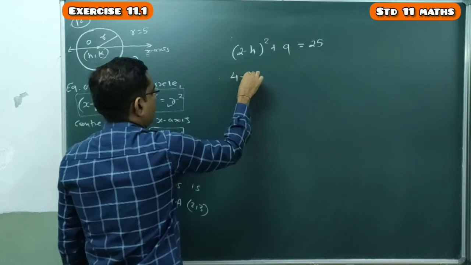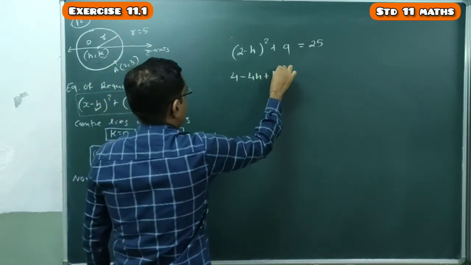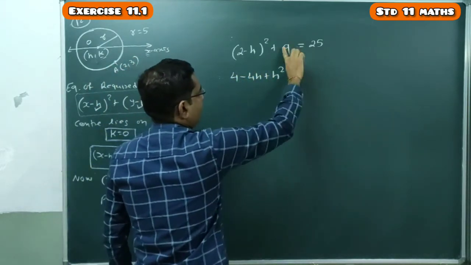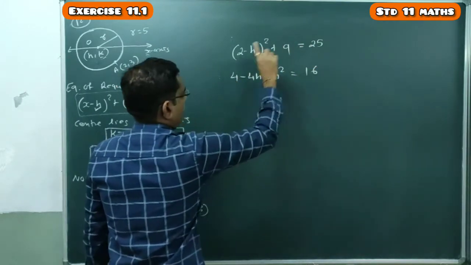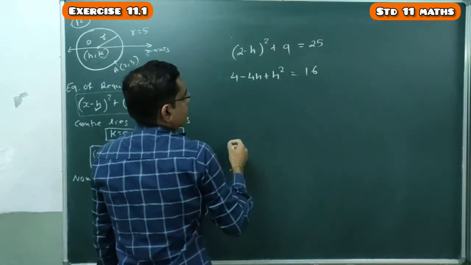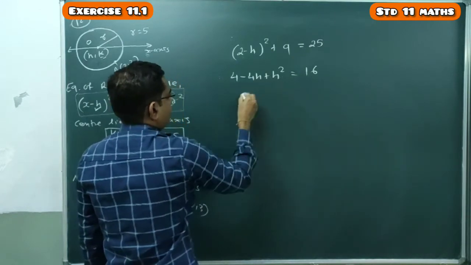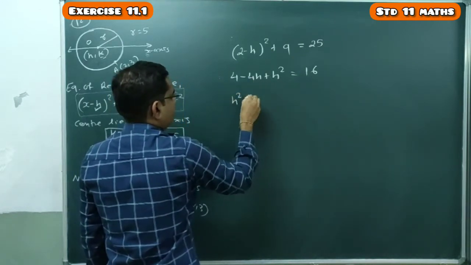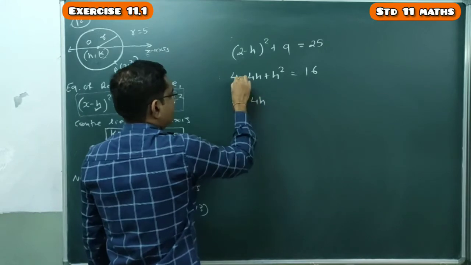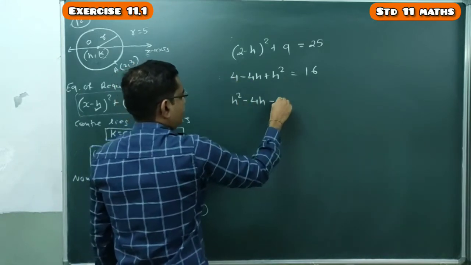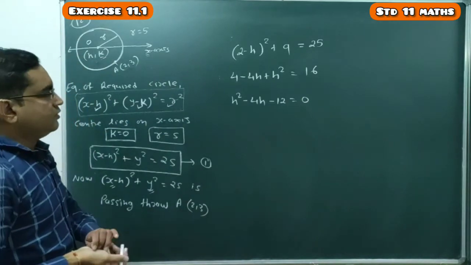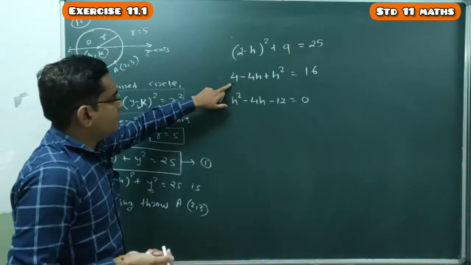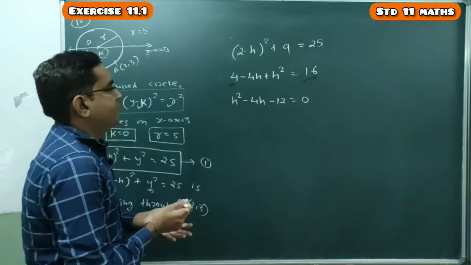So it's 4 minus 4h plus h square equal to 25 minus 9. 25 minus 9 is 16, minus 4, है ना. चलो इस साइड ले लो, क्योंकि ये प्लस है. तो it's h square minus 4h plus 4 minus 16. So it's minus 12 equal to 0, है ना. ये सब आपको खुद से कर देना है डायरेक्ट. This is 4 minus 16, so minus 12.